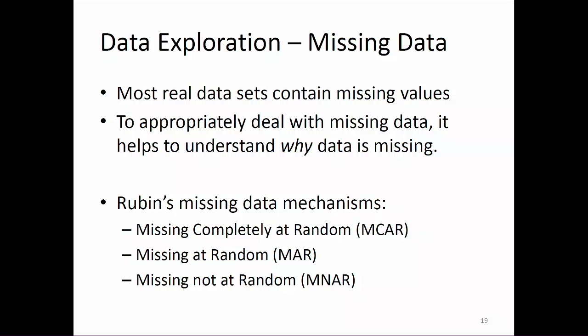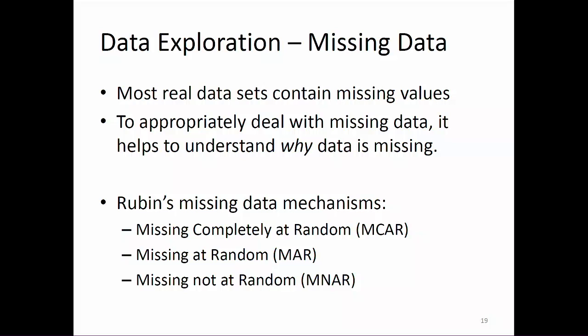So what I'm going to do is introduce 3 very, very confusing acronyms. These are so confusing that I get confused as well. But I'm going to do it anyway because it's the standard approach to understanding how to describe missing data. These are called Rubin's 3 missing data mechanisms. The first one is something called missing completely at random. The second one is missing at random.